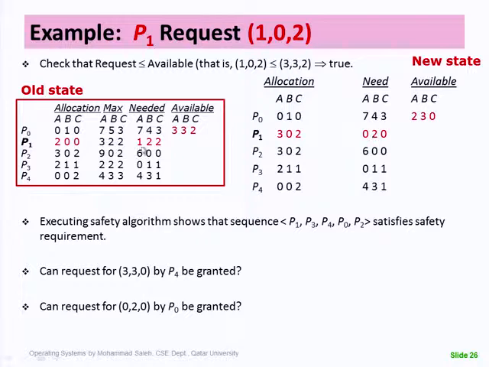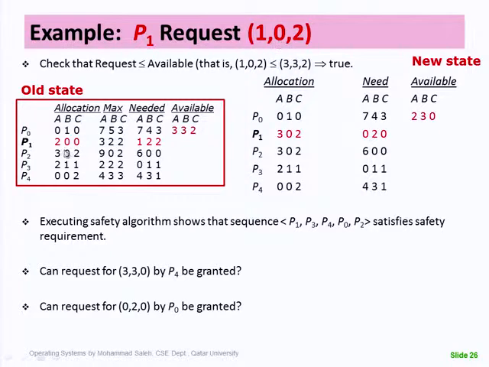So previously, the process needed 122, and we just allocated 102. So we're going to subtract this from the previously needed, and the result is 020. Okay? So this is the leftover for the future. And since the process is allocated the new resources, the current allocation for P1 will be increased by the request.